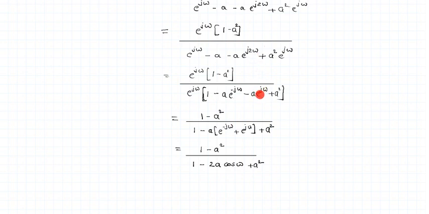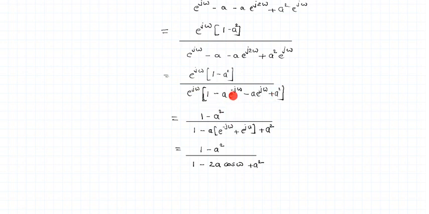So only one term remains now, e raised to j omega. Whereas what remains here after we take e raised to j omega common is simply a squared. So this is the way we have taken e raised to j omega common from the denominator terms. Right, now we can cancel these two terms. E raised to j omega and e raised to j omega can be cancelled. Right, so numerator is simply 1 minus a square. But what about the denominator?